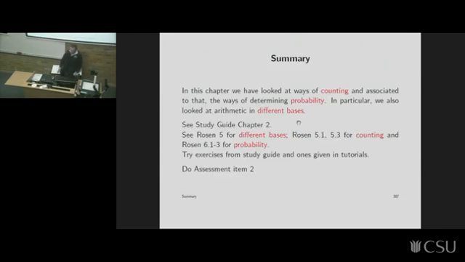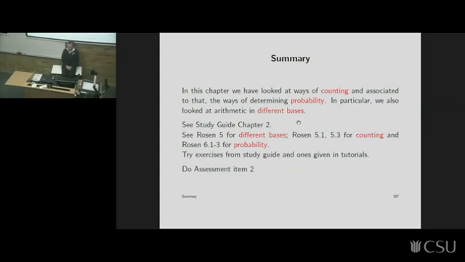So basically, what we've done in this topic is looked at all sorts of ways of counting. We started a while back counting in different bases, looking at hexadecimal and binary in particular. Then we looked at ways of counting the number of options, which is combinatorics, a fancy way of doing that.